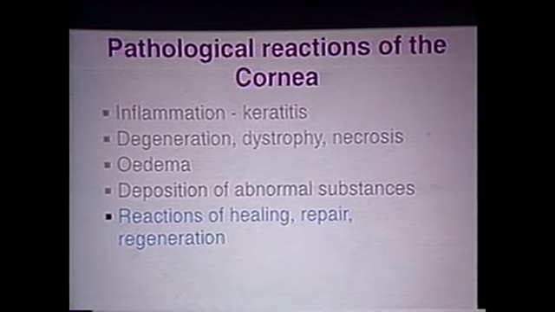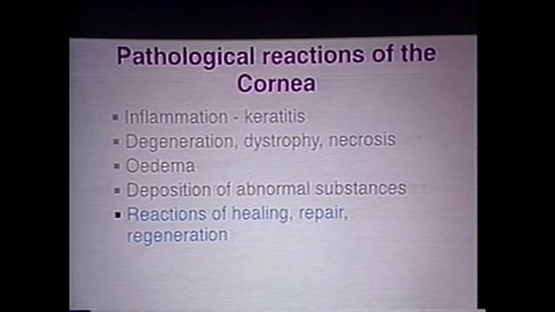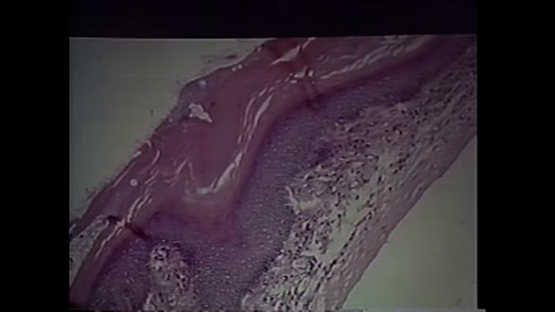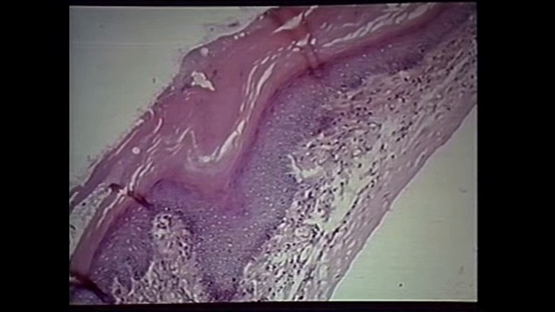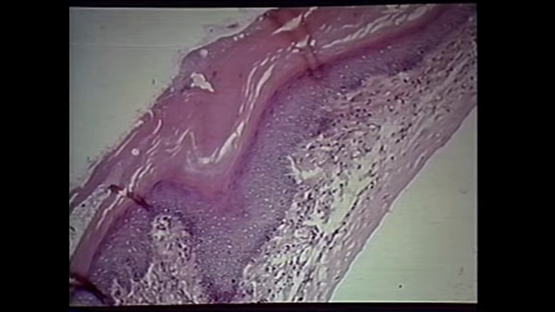The next category to consider is the various sorts of reactions that may be encountered as a result of the healing, repair and regeneration process. And this slide here shows an example of that. There is a severe keratitis which has caused lysis of a large proportion of the corneal stroma, and the epithelium has undergone squamous metaplasia to produce this massively thickened band of keratin.